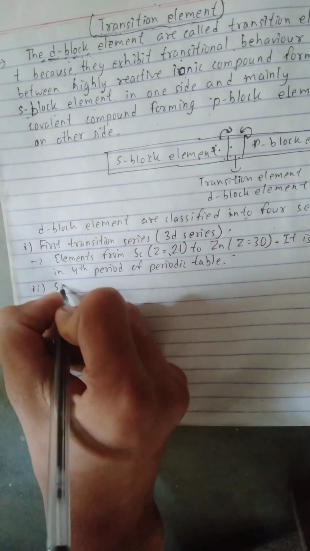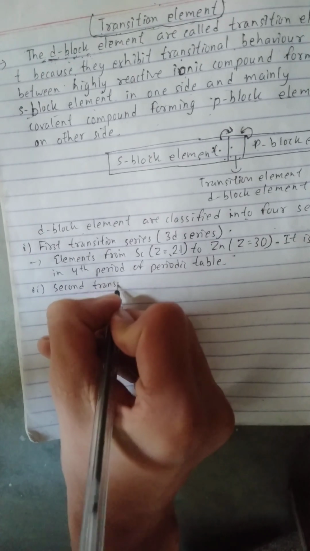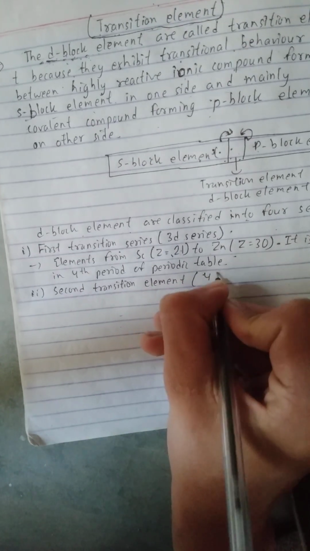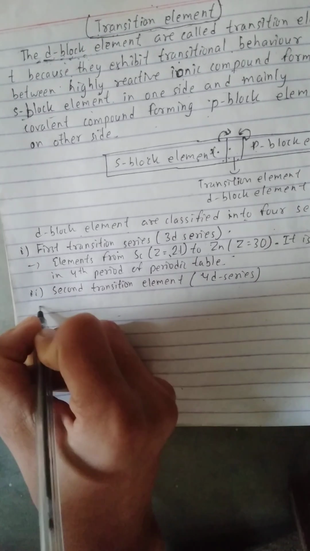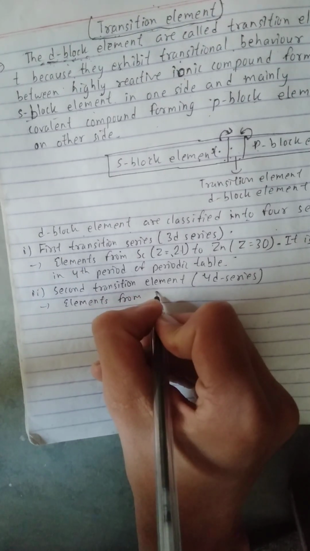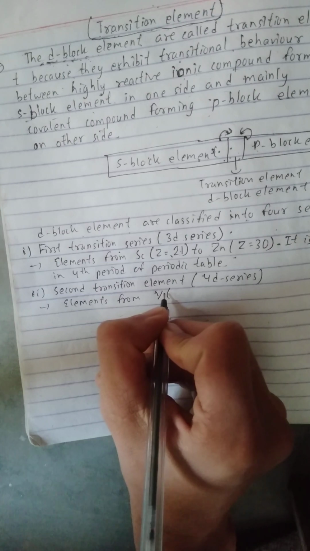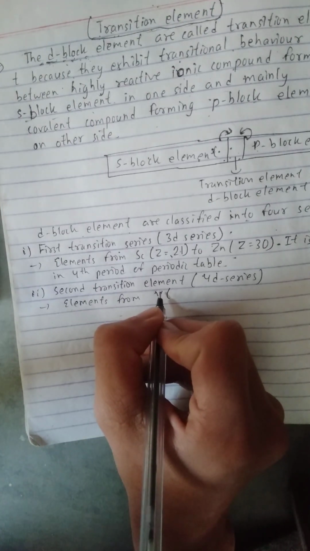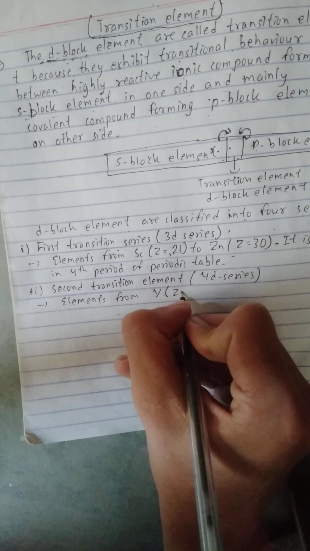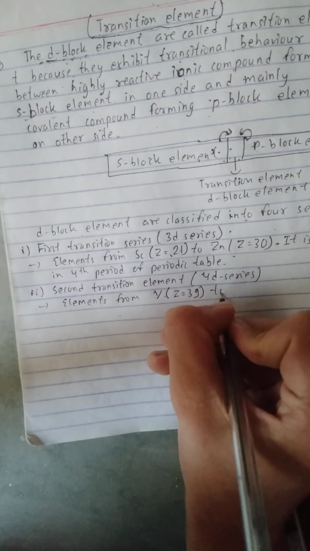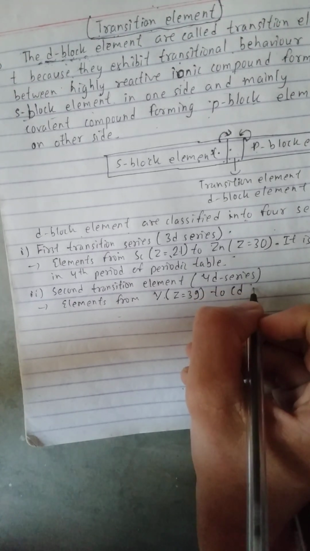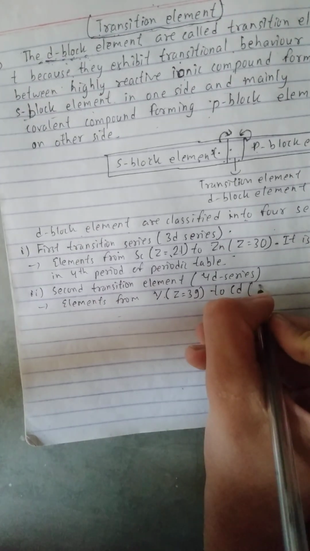And this is the second transition series. Second transition elements are also known as the 4D series, and the elements are from yttrium, Z equals 39, to cadmium, symbol Cd, Z equals 48.